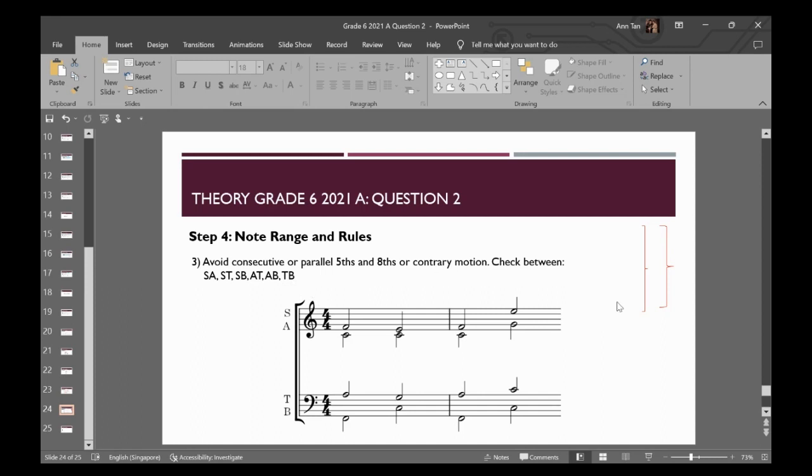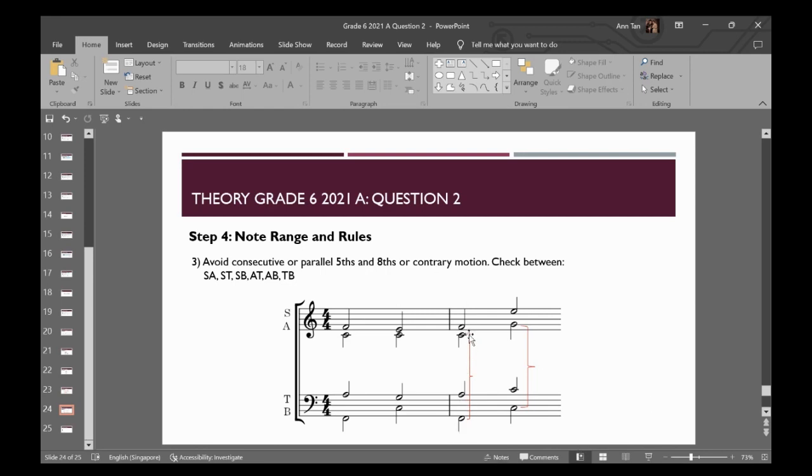So using back the same example, we can see that when we compare the alto to the bass parts over here, F to C, this is a fifth apart. So we compare in the same voice from the alto to bass, a C to G. This leads us to a fifth apart as well.